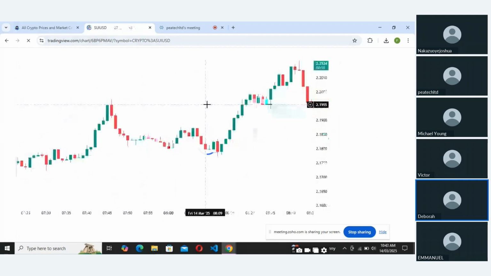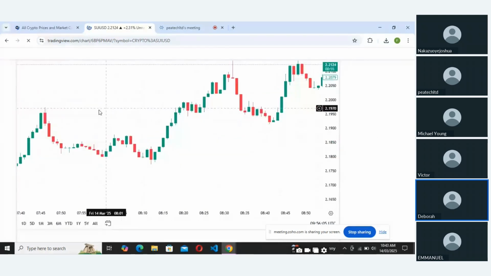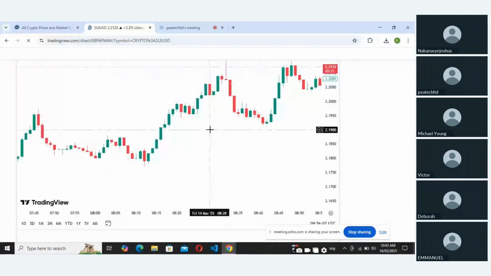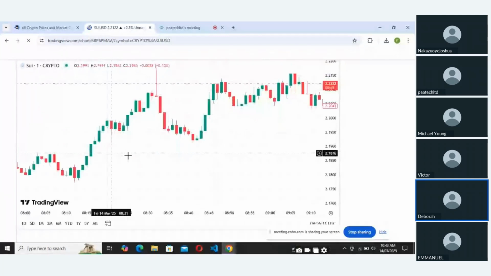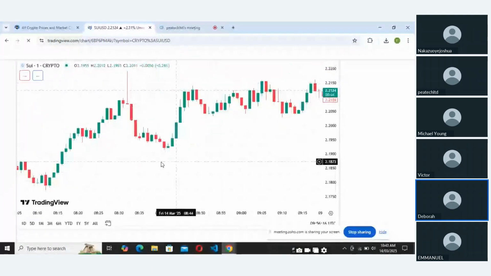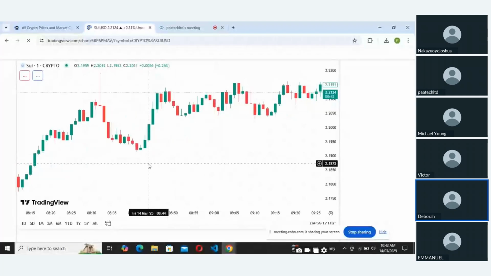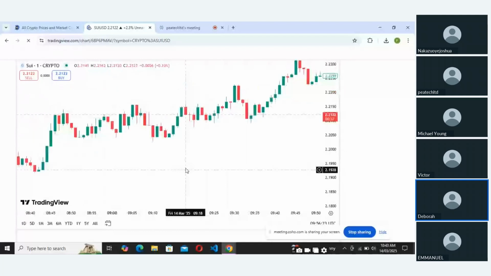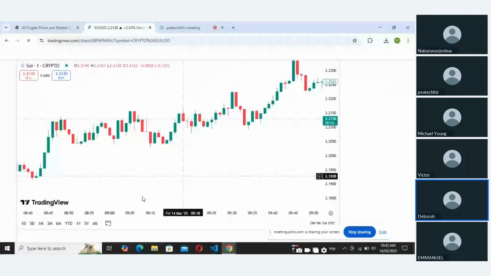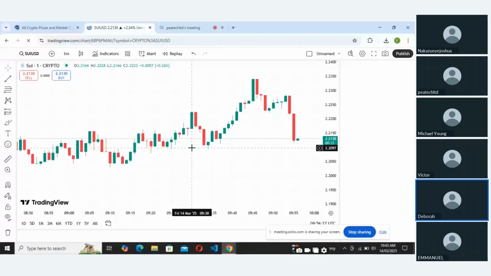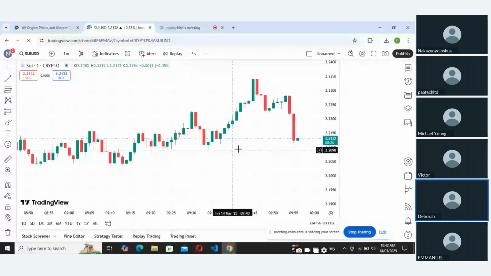My network is kind of slow. So why is my chart still loading?